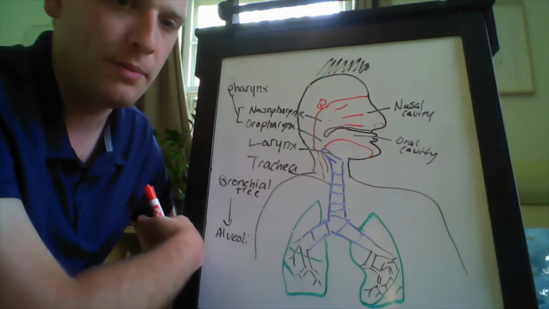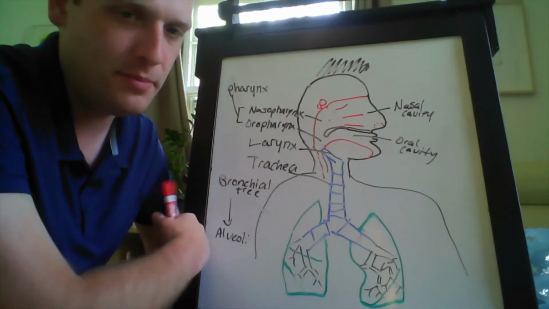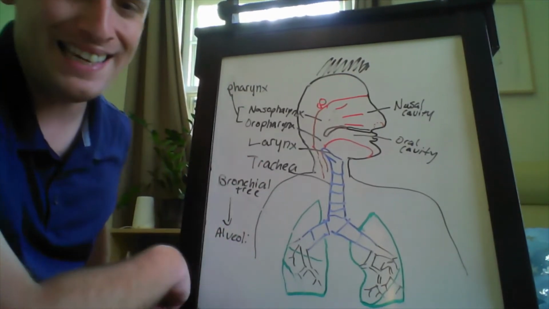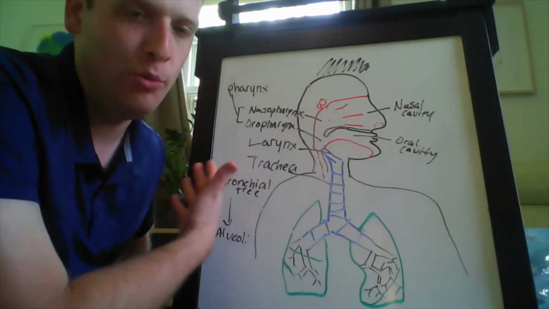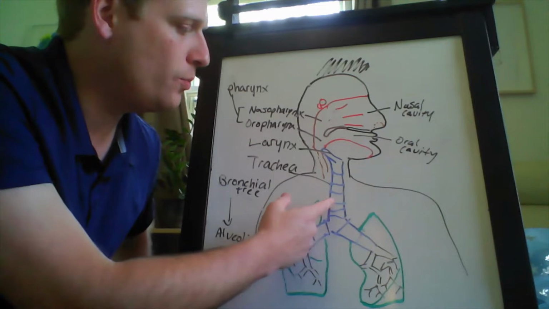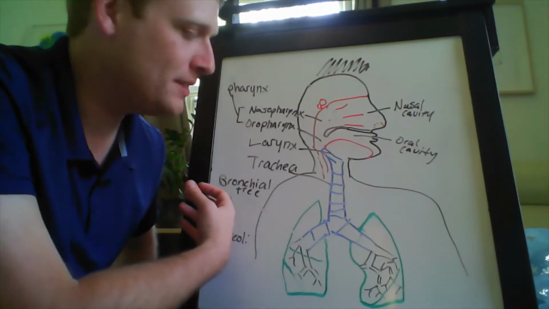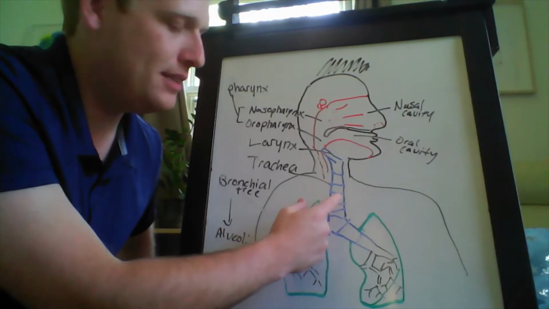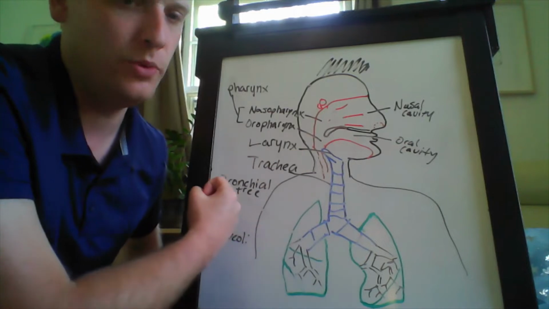The trachea is your windpipe, and the windpipe needs to be open. It needs to be patent, and patency just means how open something is. So we don't want your windpipe to close. We want to keep it patent. And to do that, we have these rings of cartilage that are going to keep the windpipe open.